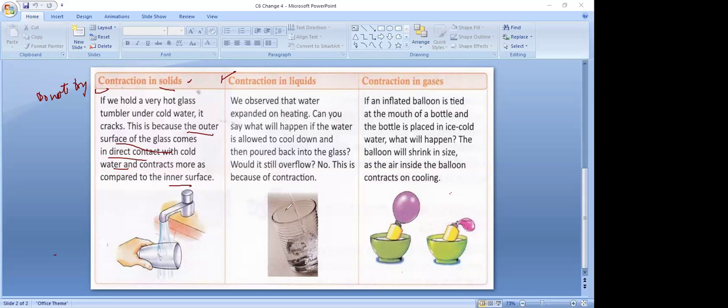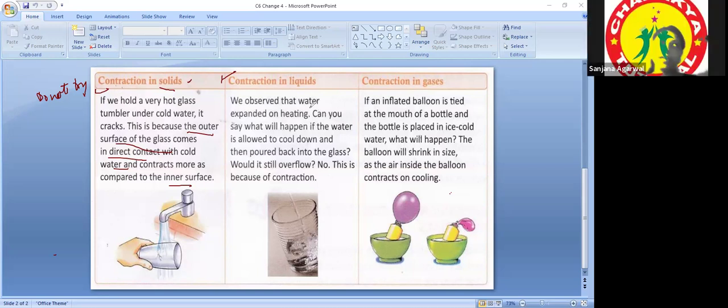What do you think? Explain it again. In expansion, when we heated the water to a little high temperature and poured it into the same glass, it is expected to overflow because we are assuming that the water will expand. It is supposed to take a little more space than the size of the glass which we measured.